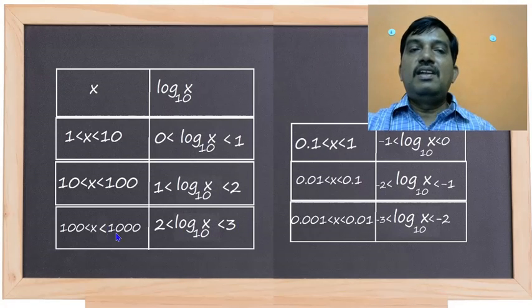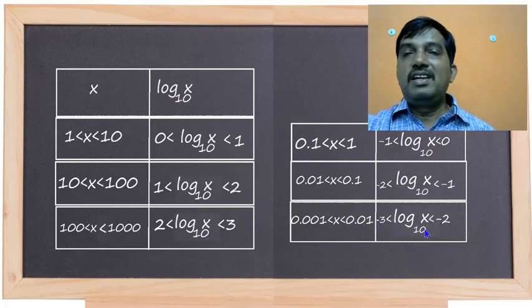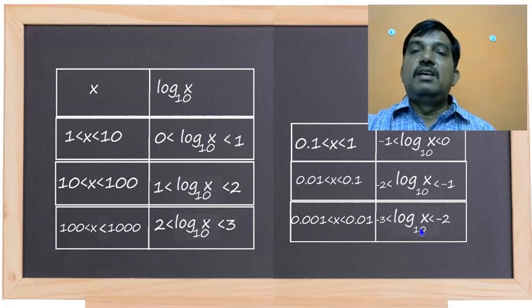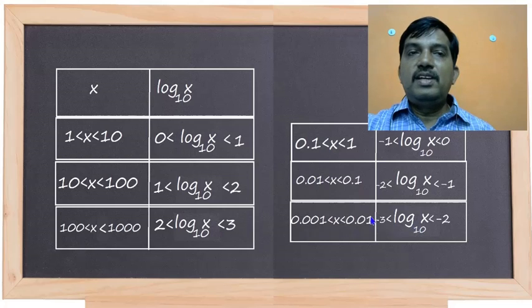And like this, you can observe the values and guess the interval in which log x lies. For example, if I take the logarithm of 999, you can observe that 999 lies between 100 to 1000, so log of 999 lies between 2 to 3, and it is 2 point something.